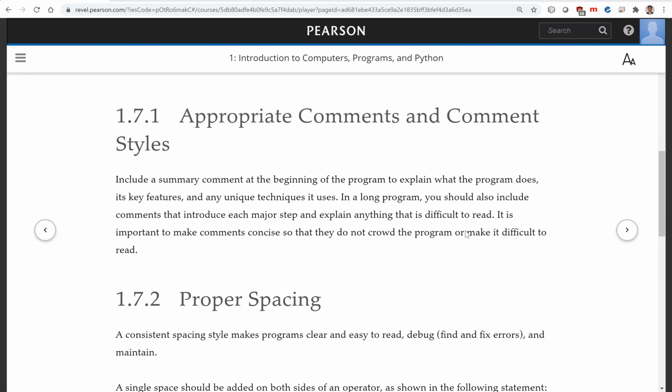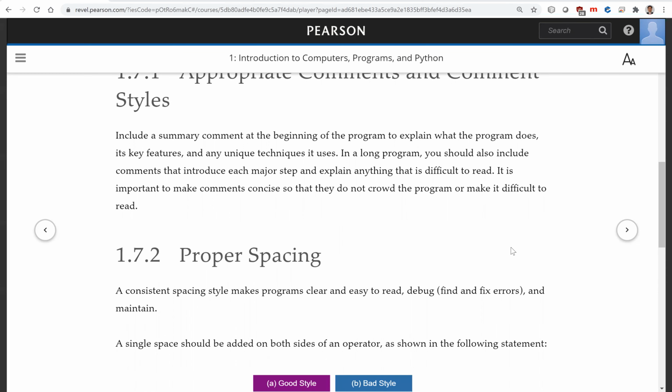In a long program, you should also include comments that introduce each major step and explain anything that is difficult to read. It is important to make comments concise so that they do not crowd the program or make it difficult to read.